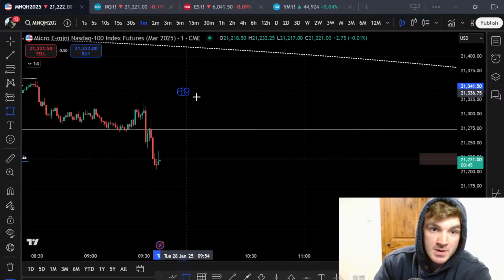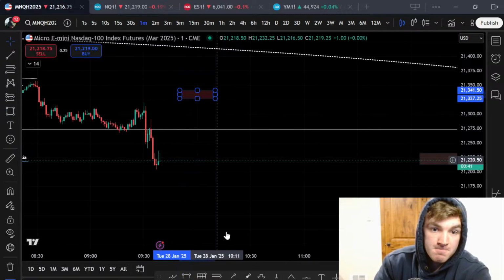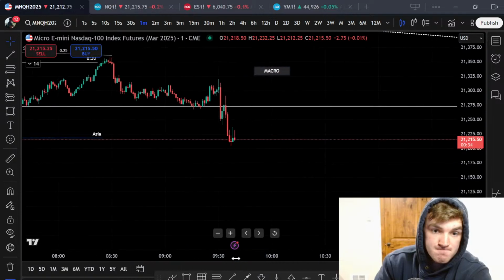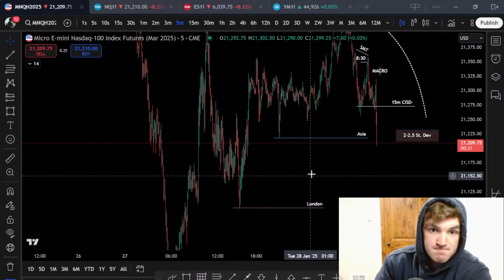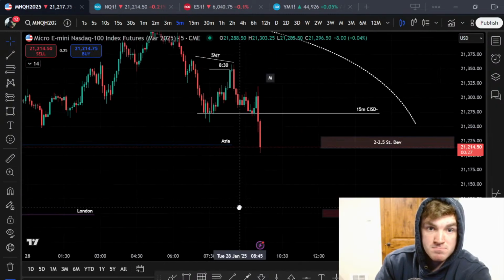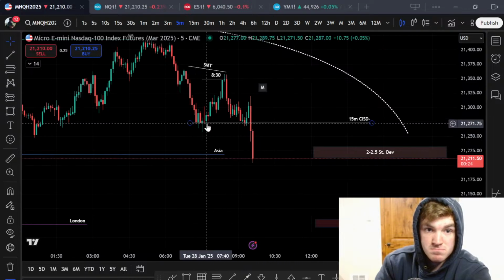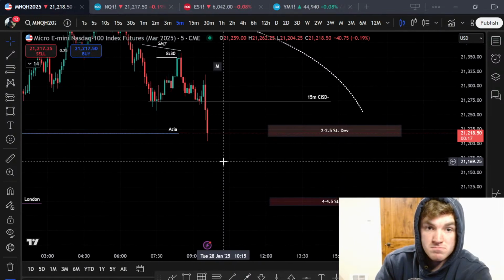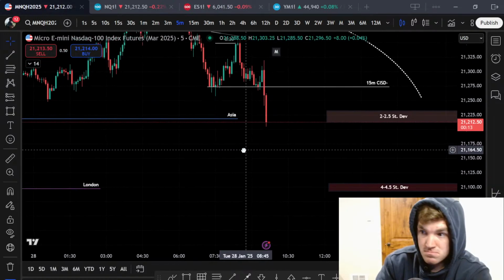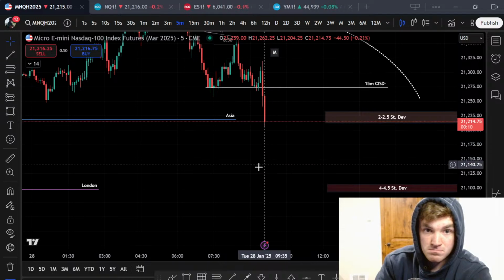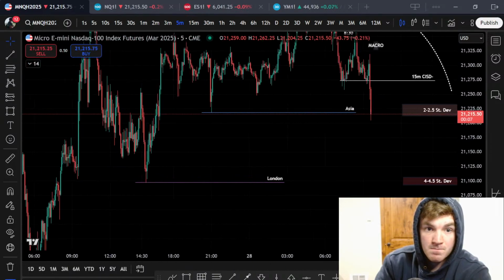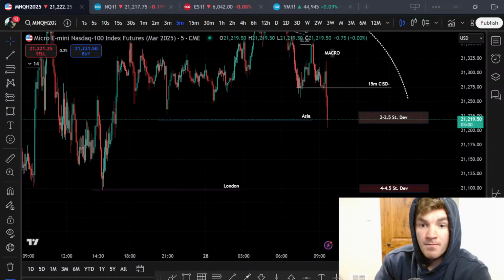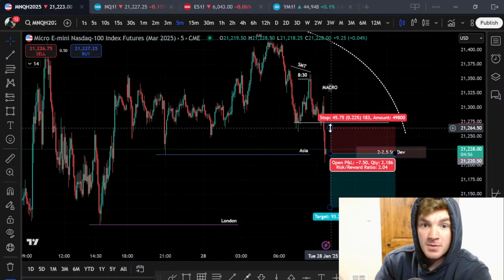This is where I'm looking for a trade, going into 10 a.m. I could just enter and target 1-to-1 here.